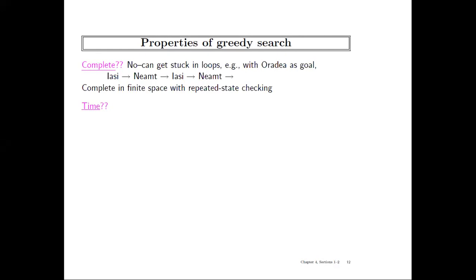When you expand Arad you get Sibiu, but when you expand Sibiu you might get Arad, and again in the next node the same thing will happen. So these repeating nodes might create the problem. If you stop the repeating nodes, then you can say it is complete. But with repeating nodes in the given problem, you might get stuck.